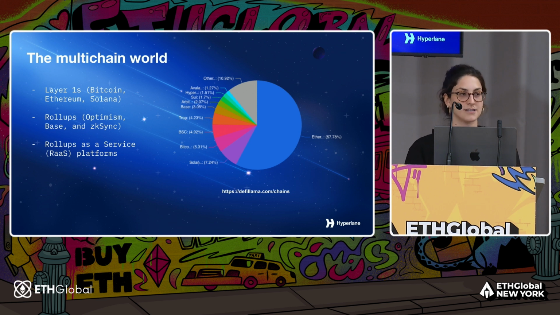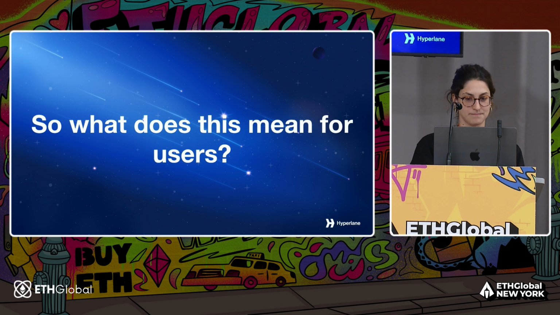Ethereum ran into some scalability issues, which is why we see the rise of all these rollups, like Optimism, Base, and many others. With rollup-as-a-service getting easier to build with, you also see the rise of rollup-as-a-service platforms. This is the reality of the blockchain ecosystem today. When you look at how many different networks exist, it makes a lot of sense to have a protocol to talk between them. That is exactly where Hyperlane fits in.